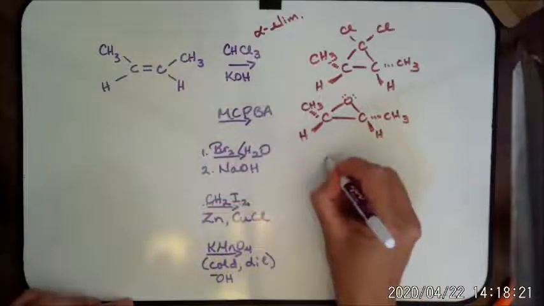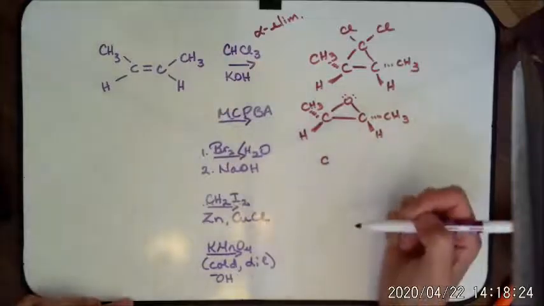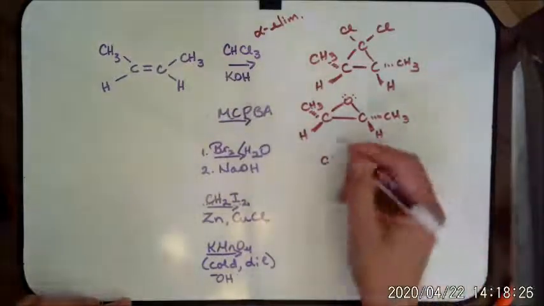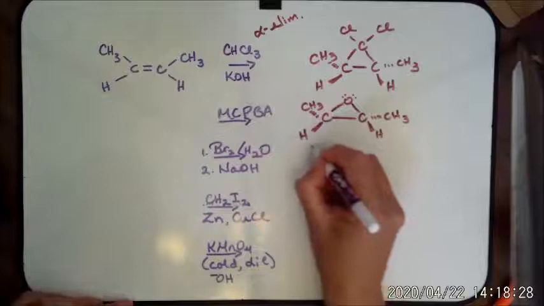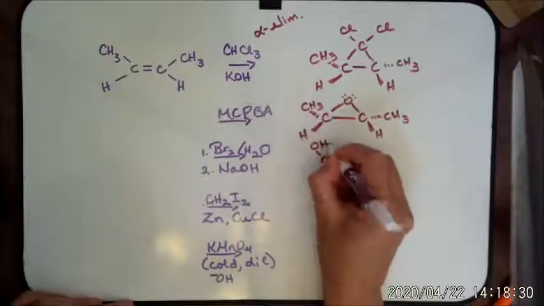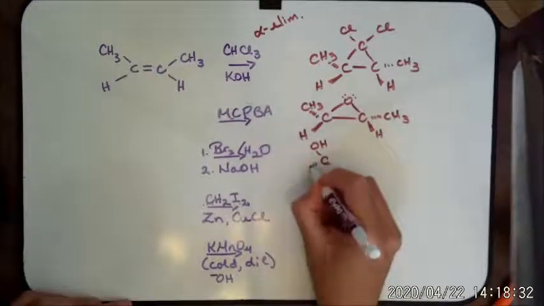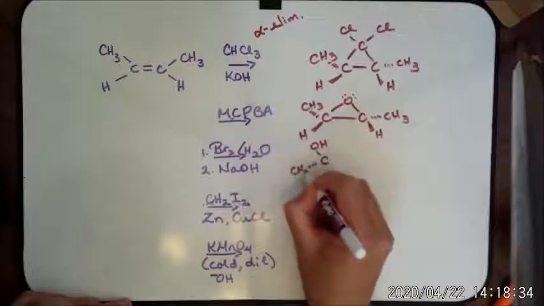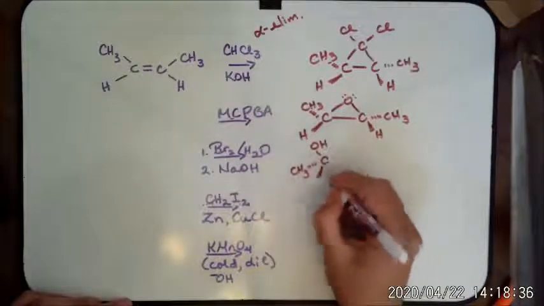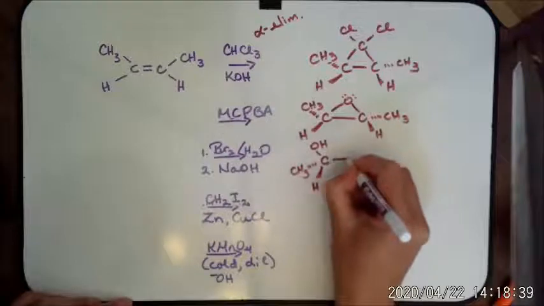Likewise, when we make the halohydrin and then do the sodium hydroxide, that means we're going to get a ring opening to form the trans diol.